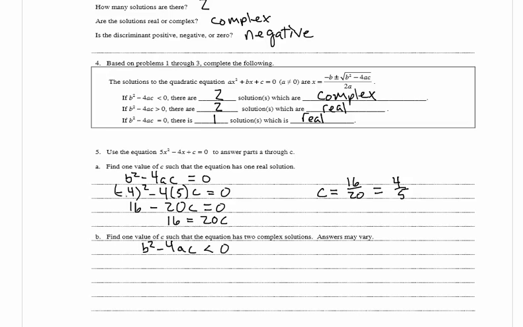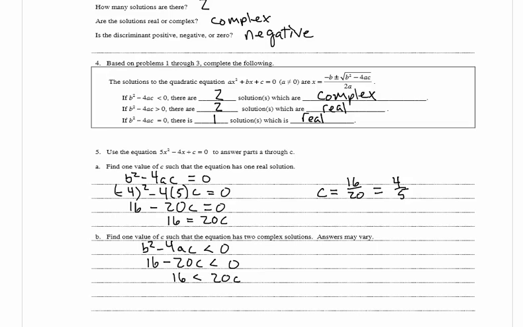And we found that b squared minus 4ac was 16 minus 20c, and this needs to be less than 0. And then when we add 20c to both sides, we have 16 is less than 20c.